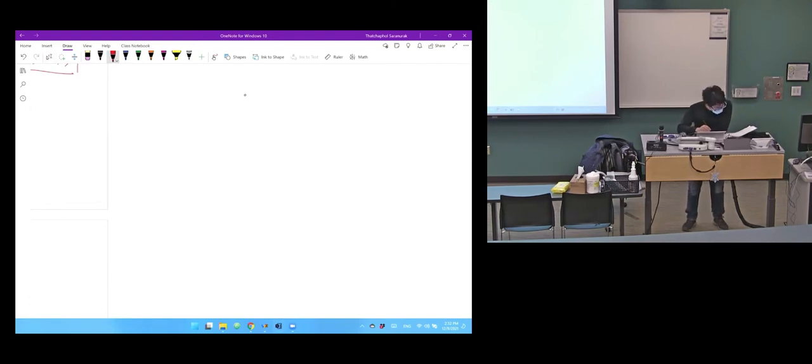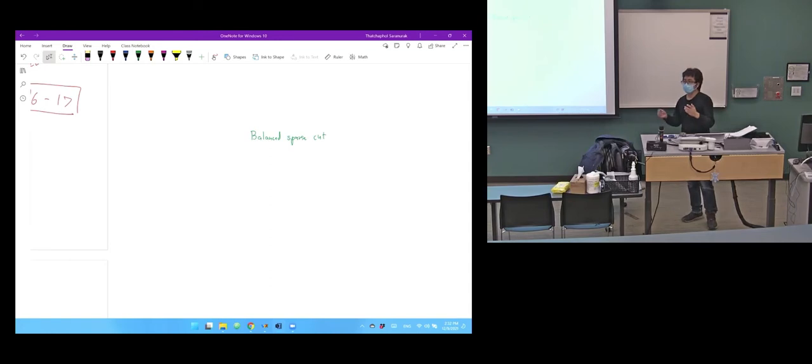So let me start with the most balanced sparse cut. Do you recall the problem? Can someone try to say roughly what it is?